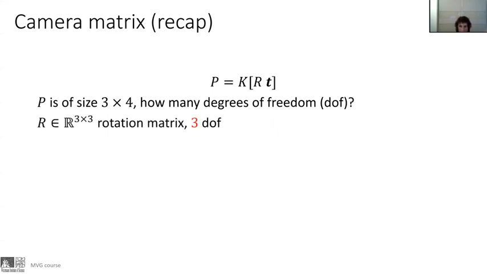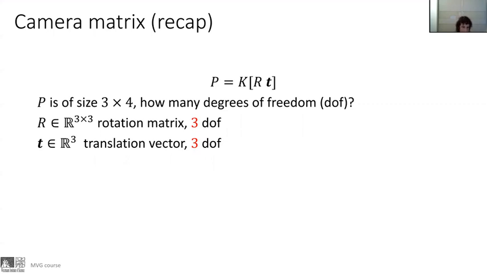The rotation has 3 degrees of freedom. And the translation t, how many degrees of freedom do we have? 3, because it's T1, T2, T3.